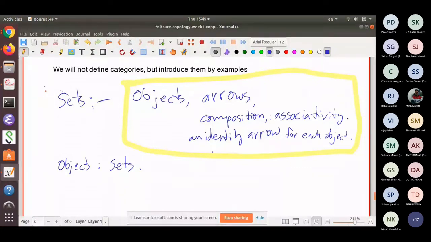So here I'll say the category of sets. Objects are sets. Individual sets are objects. Arrows, X, Y, etc. These are objects. Arrows are maps.